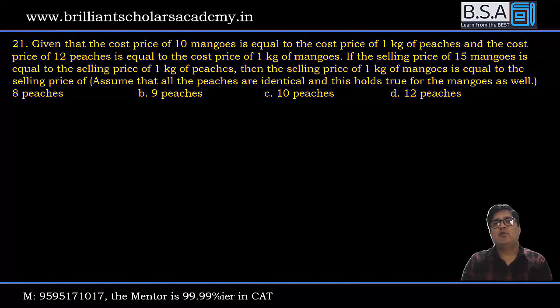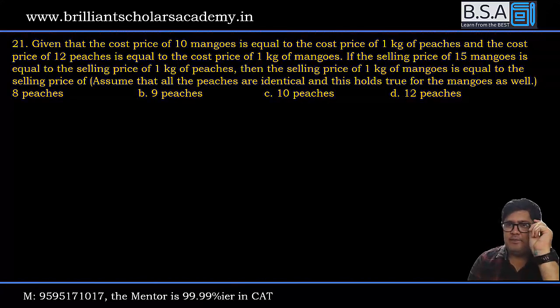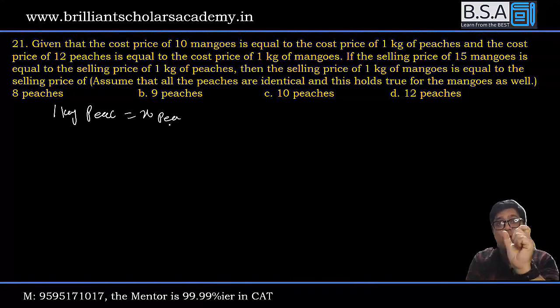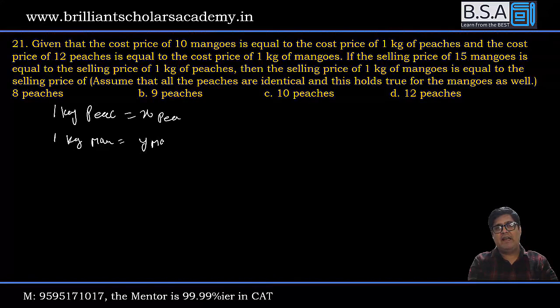So I'm assuming some basic things. I'm assuming, please observe, one kilogram of peaches is equal to X peaches. That is the quantity. Could be 10, could be 5, I do not know. I'm also assuming 1 kilogram of mangoes is equal to Y mangoes.